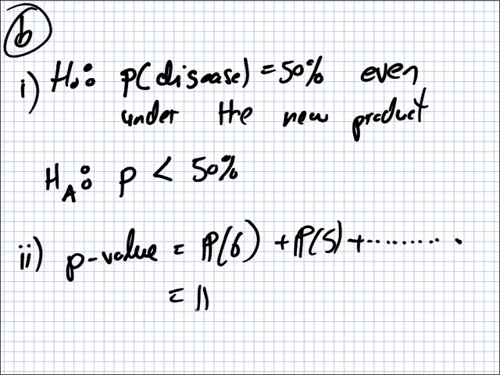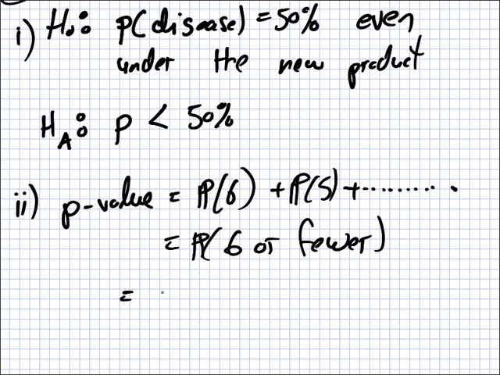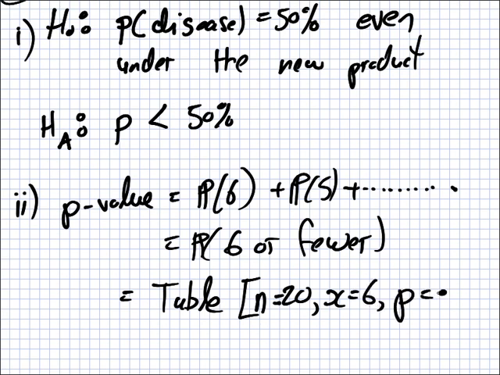So in other words, it's the probability that 6 or fewer, which is simply, you have to use the table book. N is 20, X is 6, and P is 0.5.